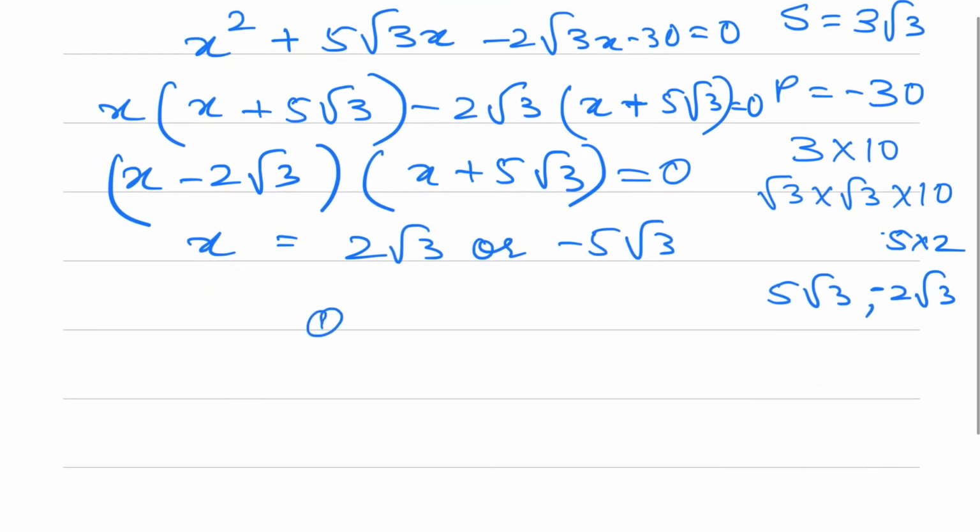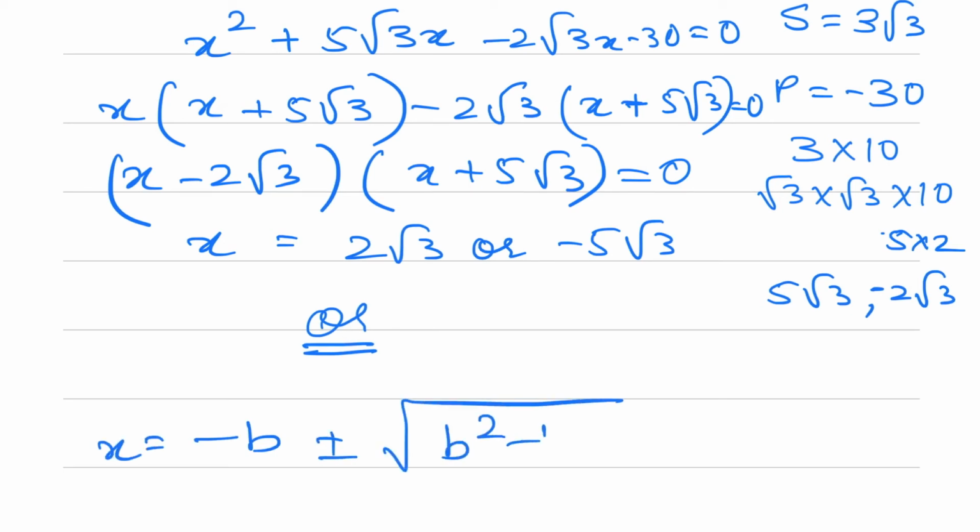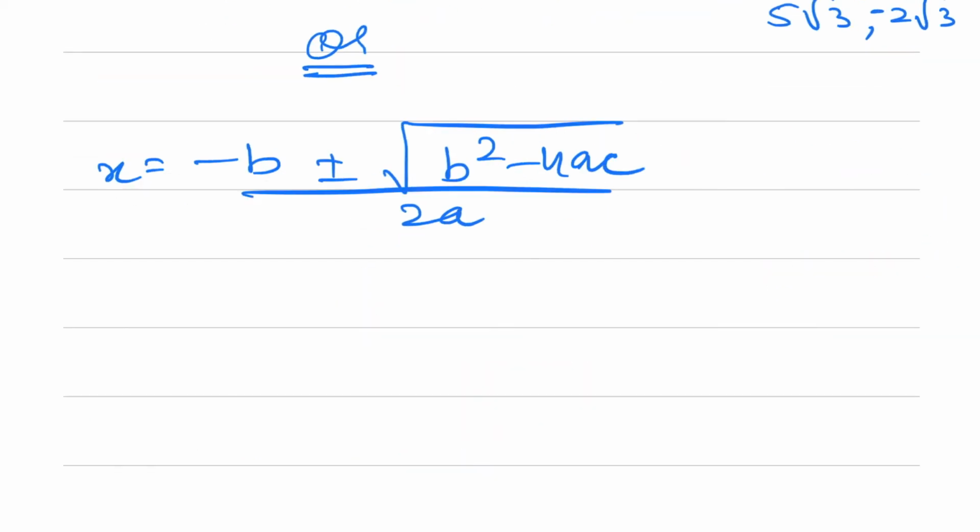Another way we could use is using the quadratic formula. We know quadratic formula is minus b plus minus root of b square minus 4ac by 2a. So on comparing, we know a is equal to 1, b is equal to 3 root 3 and c is equal to minus 30.